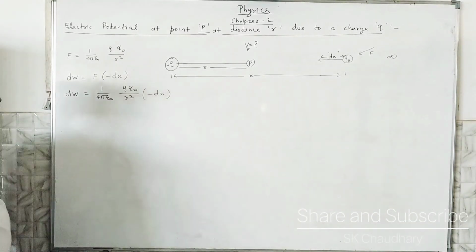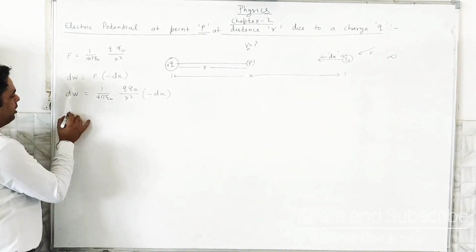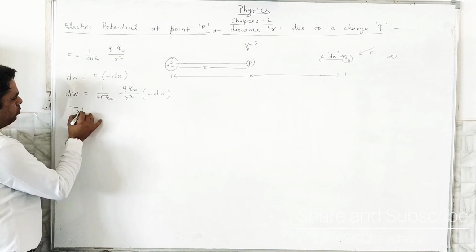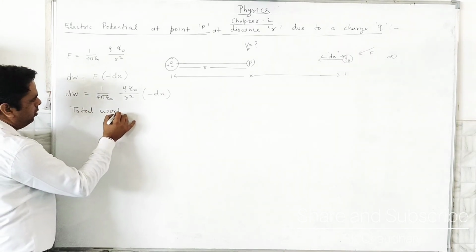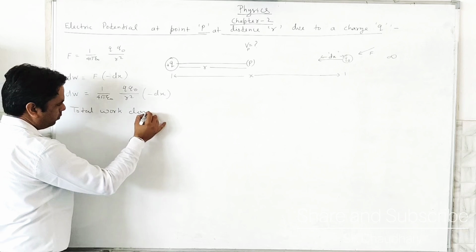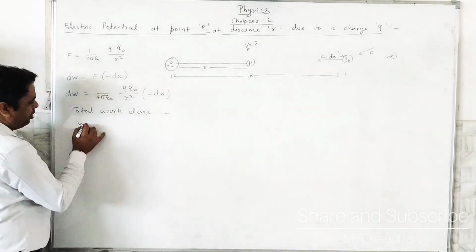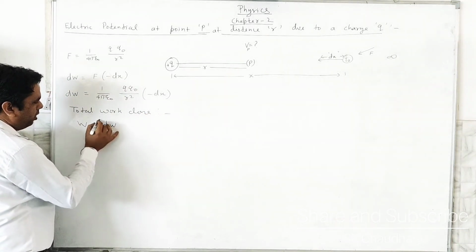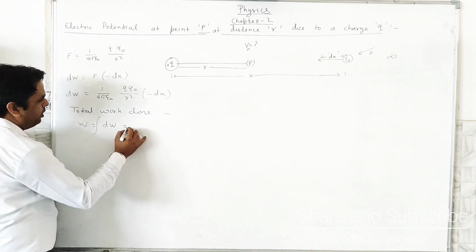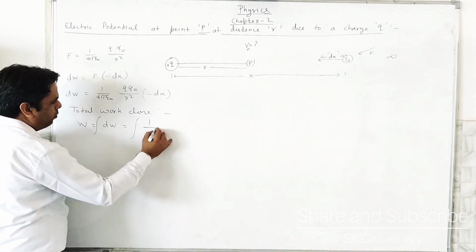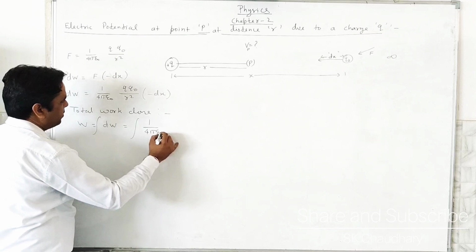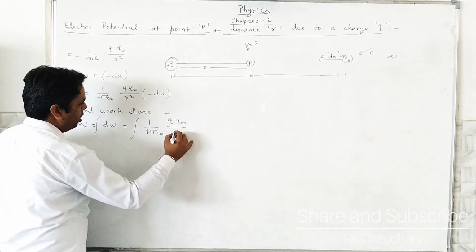Now what will we do? We will integrate it to find the total work done. So the total work done over that charge is capital W, and that becomes, after the integration, 1 upon 4 pi epsilon naught, q1 q2 upon r square.